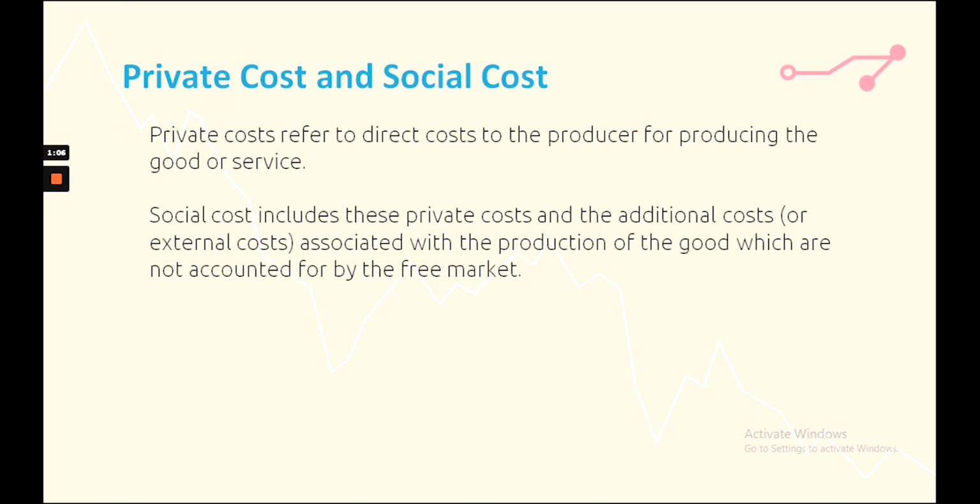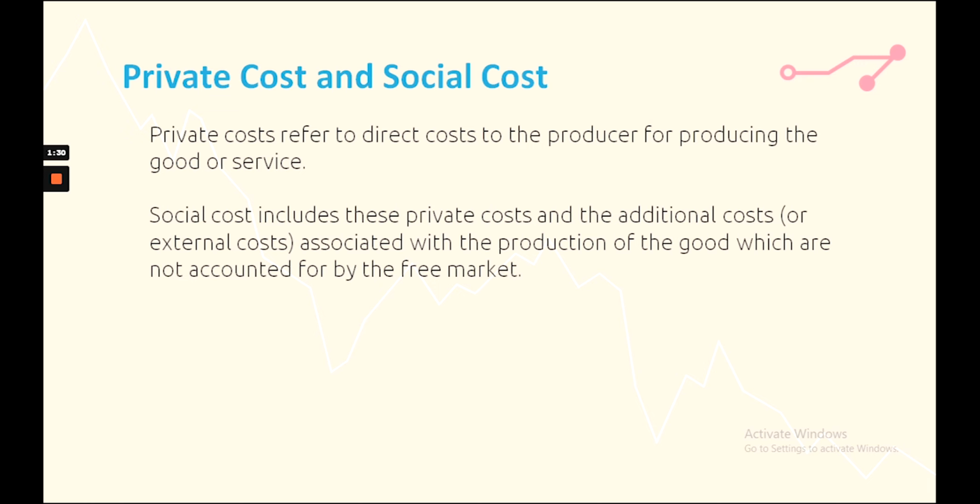Whereas social cost is the total cost to the society. That means the private cost plus any external cost. If we take the same example of driving a car, the fuel expenses and the cost of increased congestion will in totality make up the social cost.